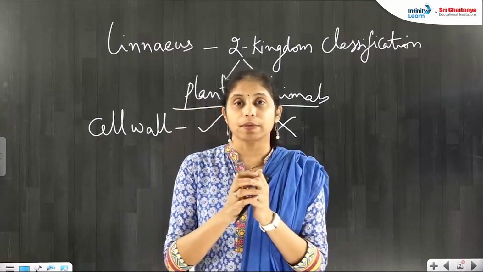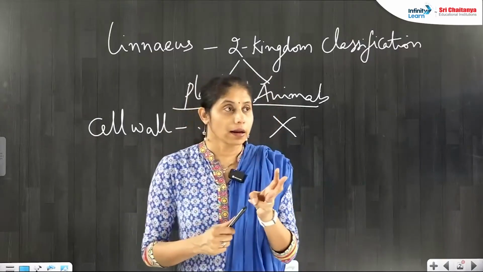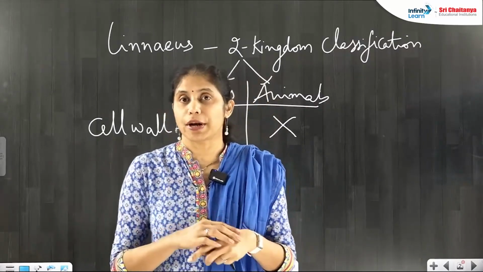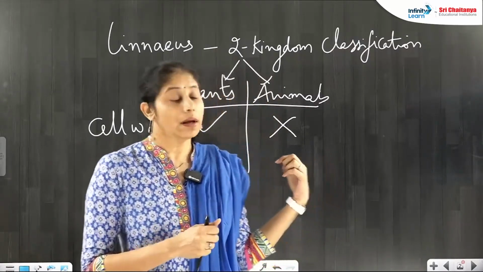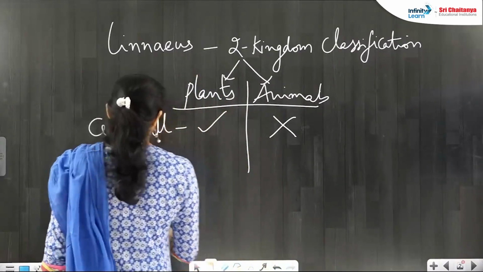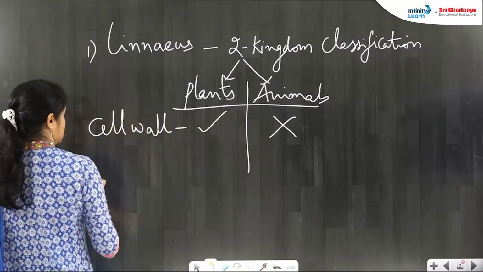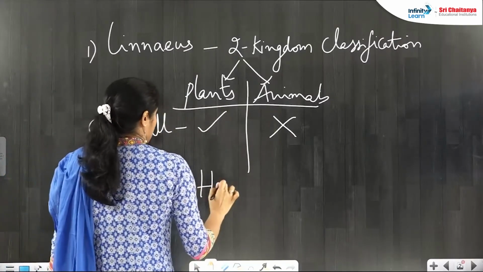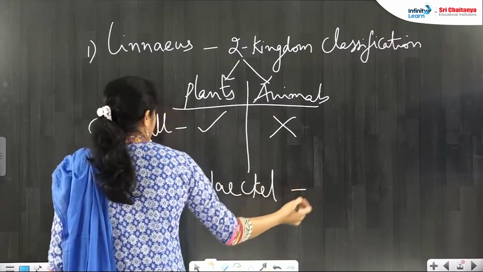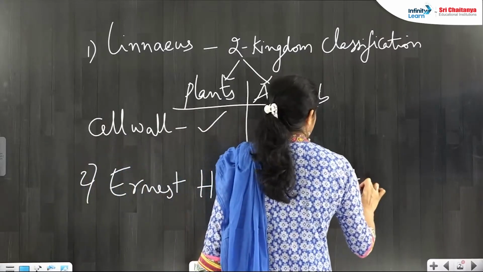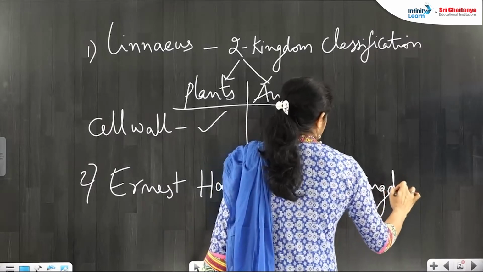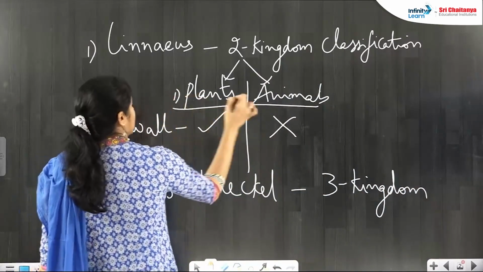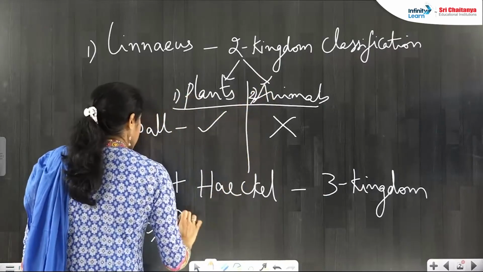He classified them separately. He gave the third kingdom, separating the unicellular eukaryotes. Protistans were separated from this. So Ernest Haeckel gave the three kingdom system of classification by adding the third kingdom, that is Protista.